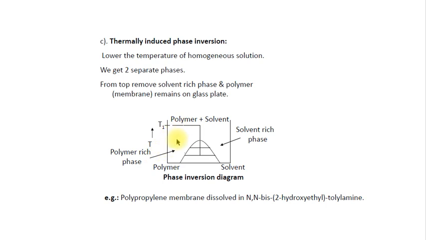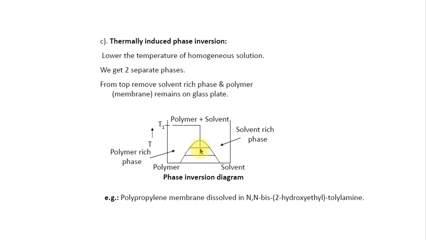This is the polymer-rich phase. Above this curve you have the homogeneous phase. This is the polymer-rich phase, and this is the solvent-rich phase. So you have made the solution at this point, and you reduce the temperature from here to here. Once you reduce the temperature, you come into the two-phase region where the polymer and solvent separate out.